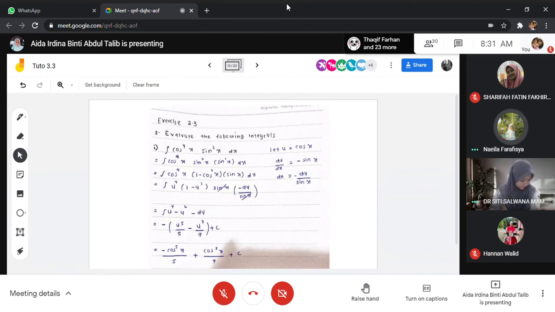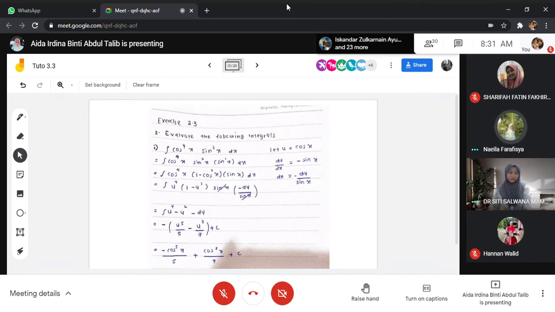Lepas tu saya let u kan cos x. Lepas tu kita du dx kan cos x tu akan jadi negatif sin x. Lepas tu saya tukarkan semua yang cos tu jadi u. So jadinya u kuasa 4 dan kurungan 1 tolak u kuasa 2. Lepas tu sin x tu kita boleh potong.